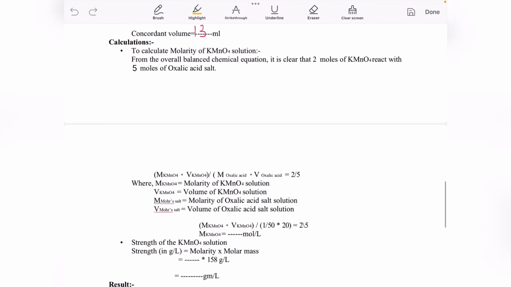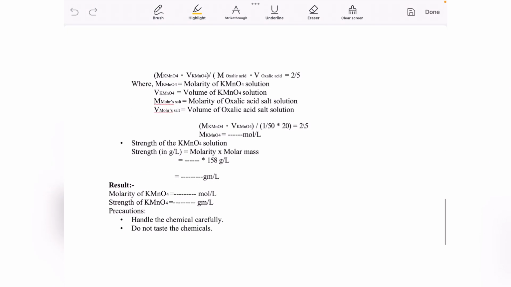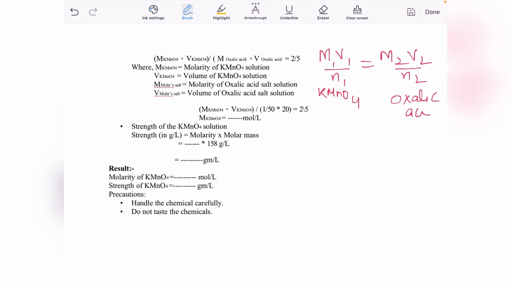Now the next step, calculation. To calculate molarity of KMnO4, you just check the ionic equation. 2 moles of potassium permanganate react with 10 moles of oxalic acid. We use the molarity equation, M1 V1 upon N1, which we use for KMnO4, equal to M2 V2 upon N2 for oxalic acid. M1 we have to calculate.